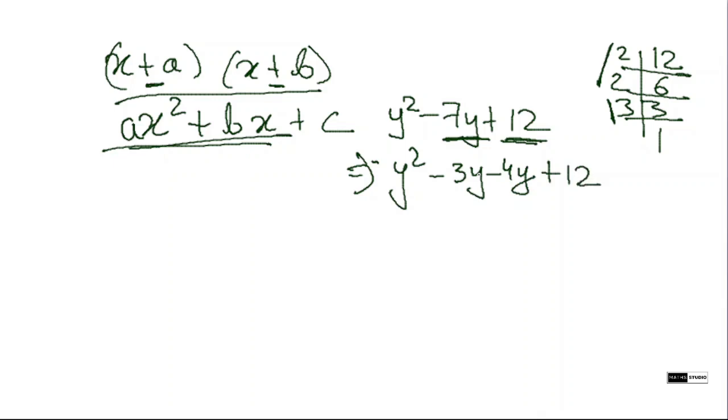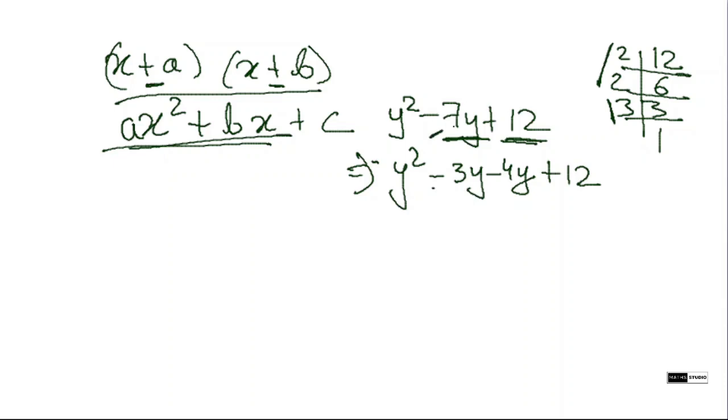Now you must be thinking, why minus 3 minus 4? See, overall sign over here is plus 12. So if you multiply minus 3 and minus 4, we are going to get plus 12 only. And here we need a minus, so that's why minus 3 and minus 4.